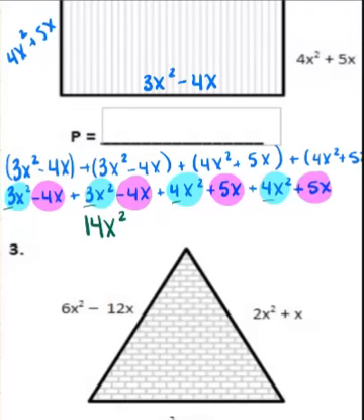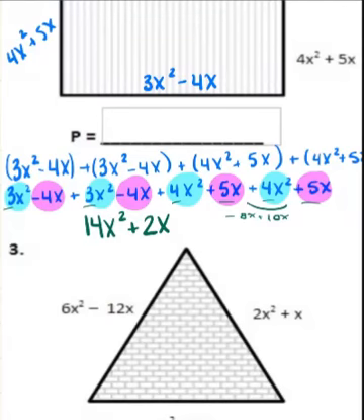And the same with what's now in purple, your minus 4x's or your plus 5x's. Over here, your two 5x's are going to make 10x, and your negative 4x and negative 4x are going to make negative 8x. When I combine those together, I come back out with plus 2x.